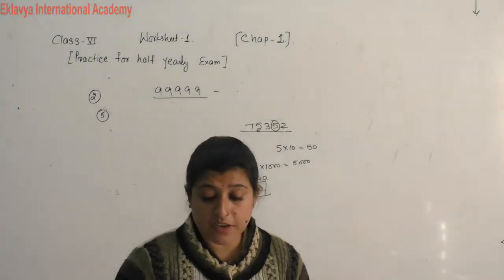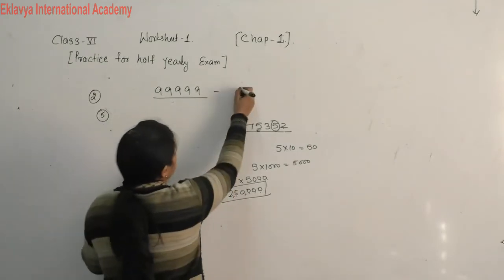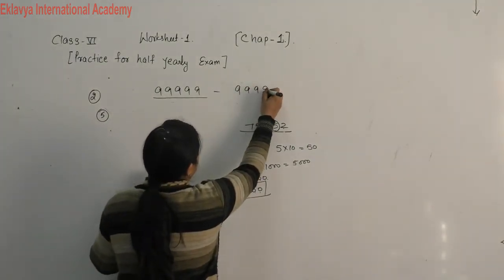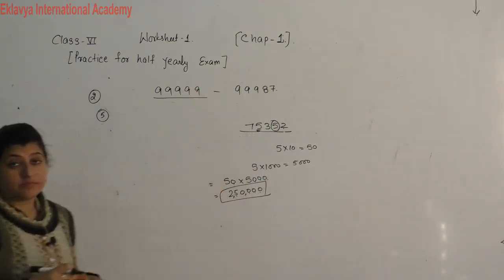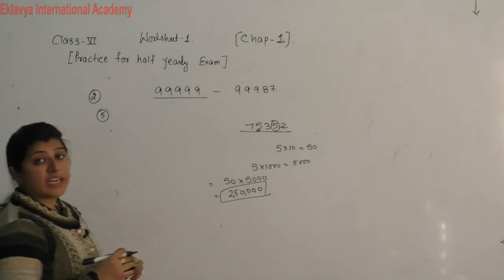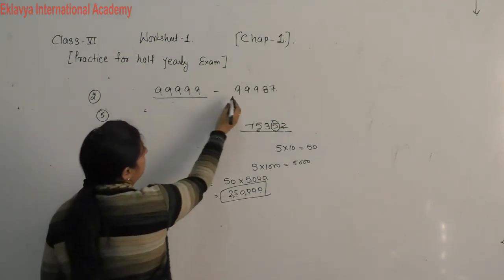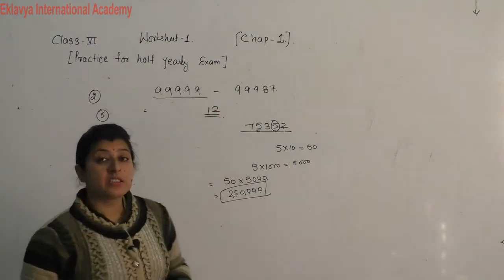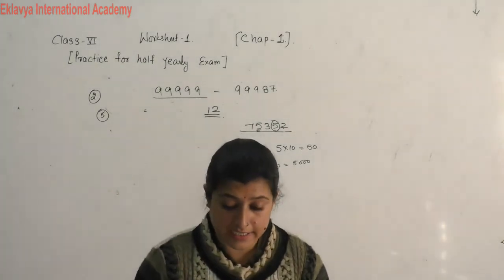And the largest 5-digit number with 3 distinct digits becomes 99,987. We want to find the difference. 9 minus 7, 2. 9 minus 8, 1. It means the difference is 12. Then your option C is correct.